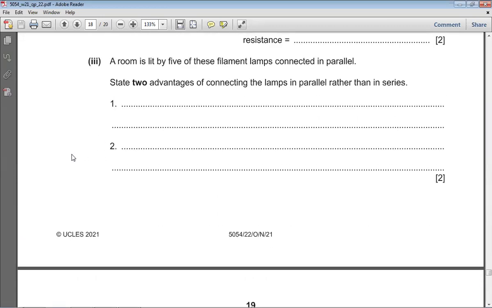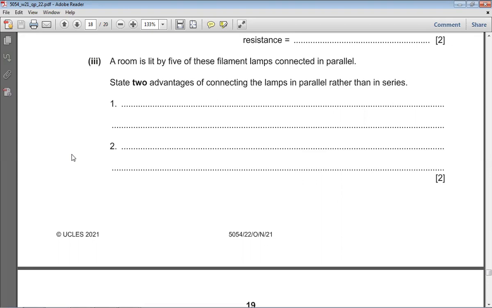A room is lit by 5 of these filament lamps connected in parallel. State 2 advantages of connecting the lamps in parallel rather than in series. You see, when you connect the 5 lamps parallel to each other, each of them will be receiving the same voltage. And they all will be lit at the same brightness.